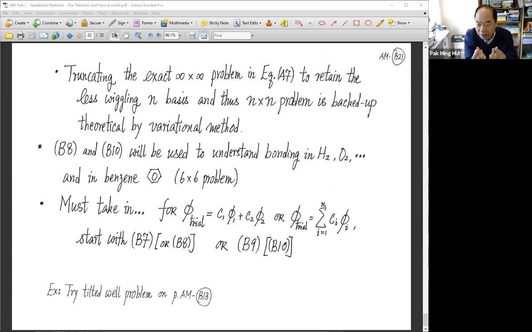The best way is this atom's 1s state, that atom's 1s state, form a linear combination and take that as your reasonable guess of the molecular wave function for the ground state of the hydrogen molecule. That is a typical situation of linear combination of two functions. At that point, I don't want you to do the derivation again. You just grab the 2 by 2 matrix and start working.